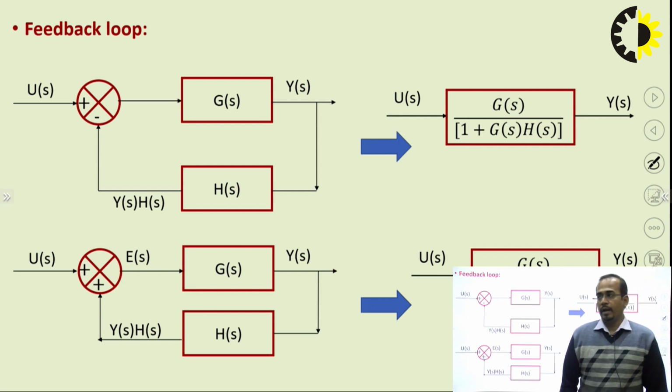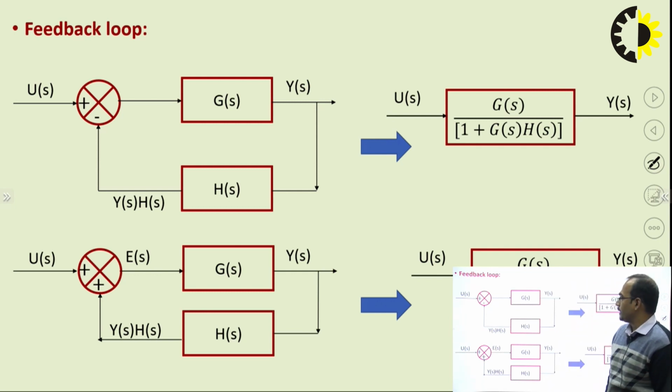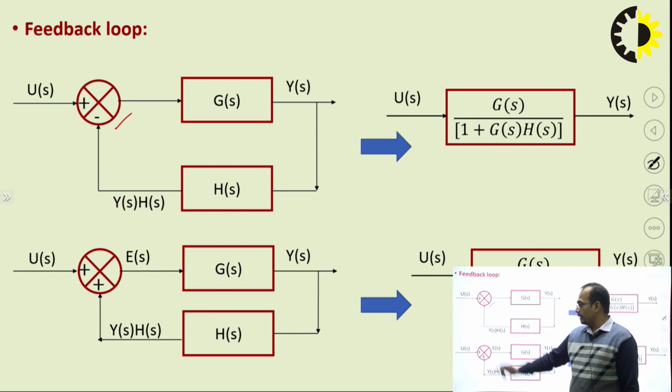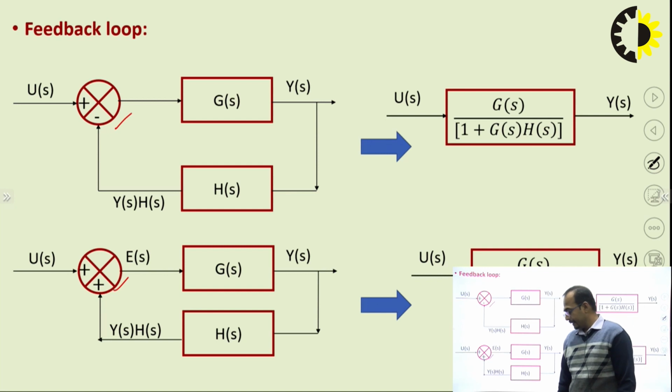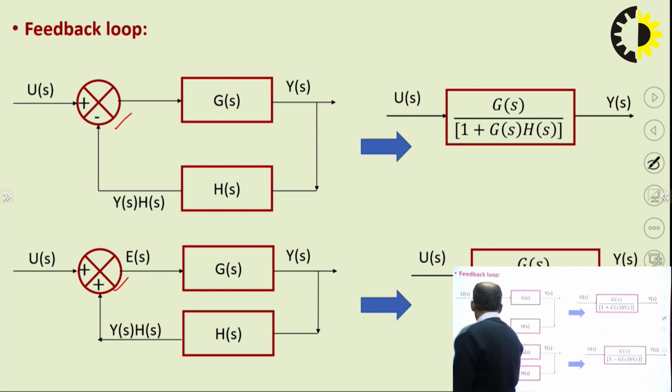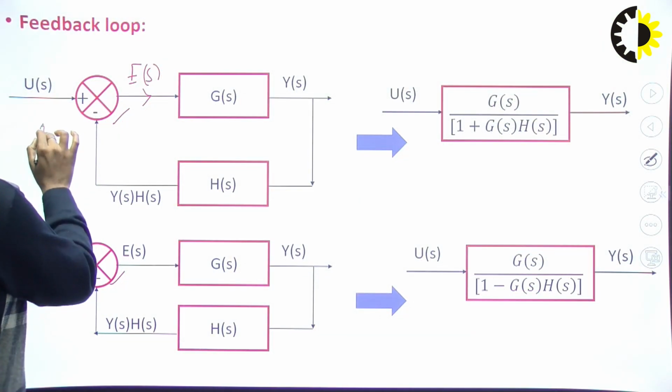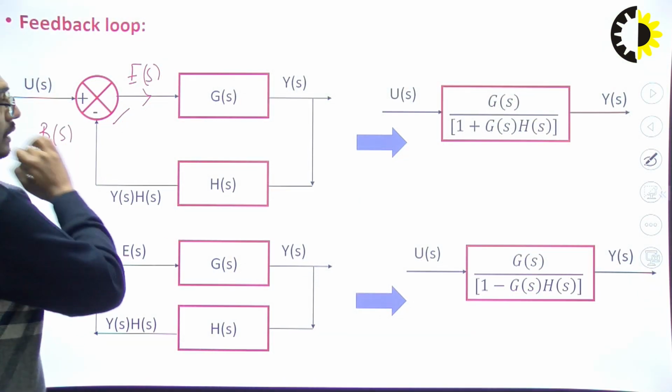Third is the feedback loop. You can see here the standard canonical form of the closed loop system, in which negative feedback is given here and positive feedback is given here. This is the error signal E(s), and this is the feedback path; suppose the output of the feedback path is B(s).